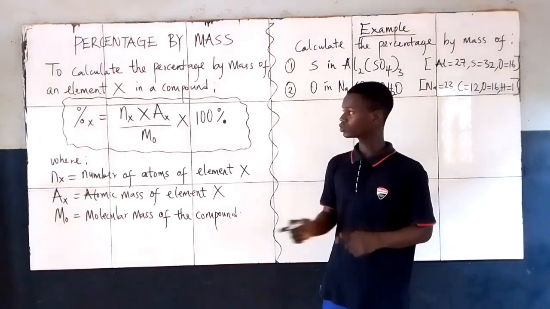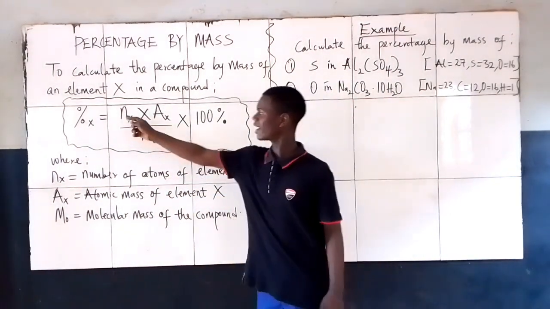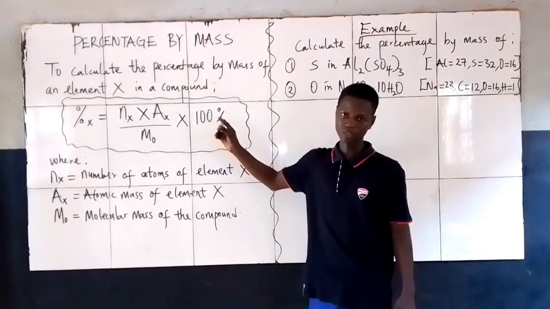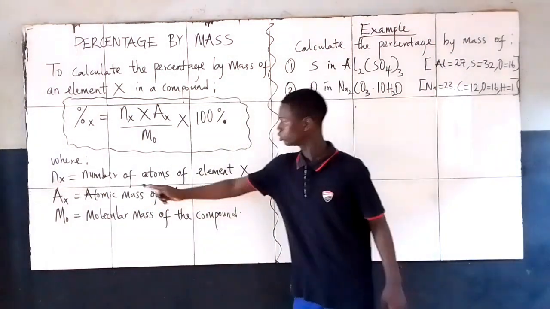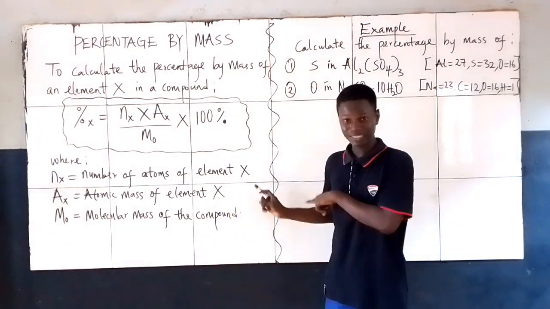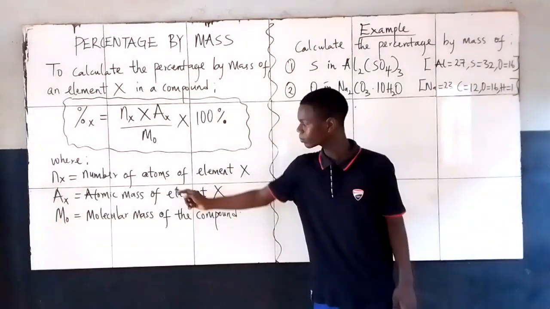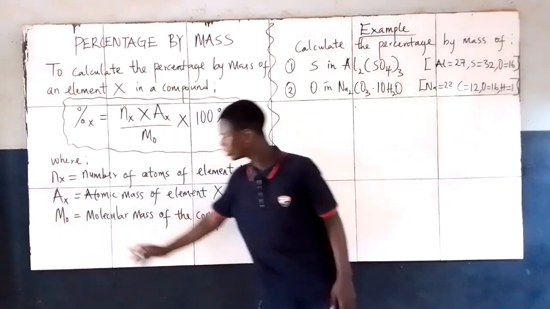The formula to be used to get the percentage by mass of the element X is Nx times Ax over the molecular mass times 100%. This is the formula, where the Nx stands for number of atoms of that element X in the compound, and the Ax represents the atomic mass of the element X, which is fixed, while the Mr represents what?